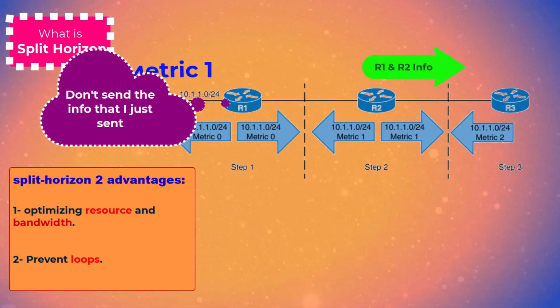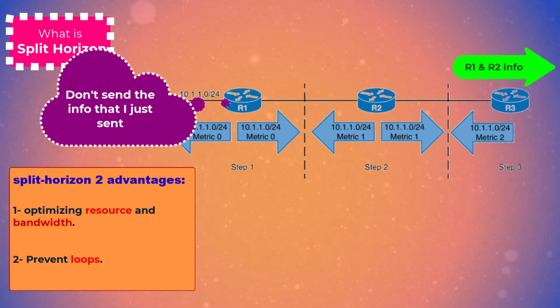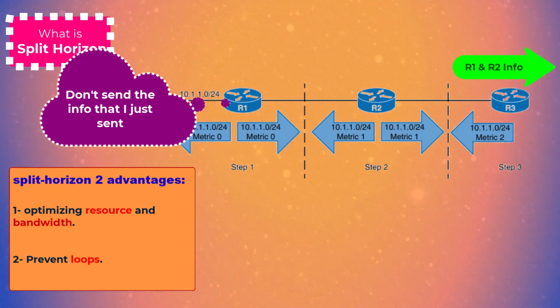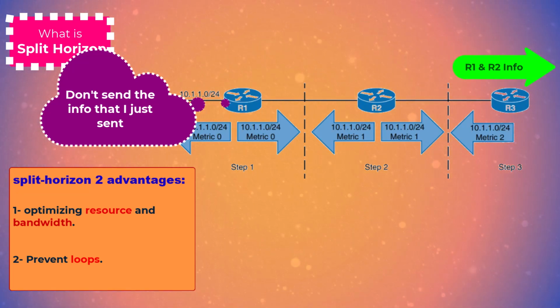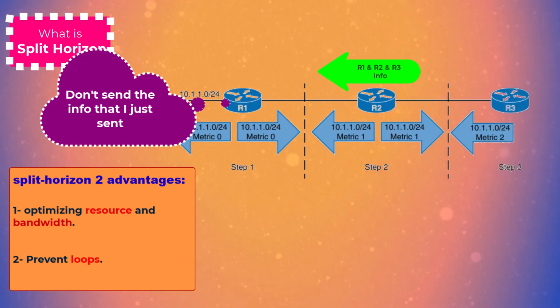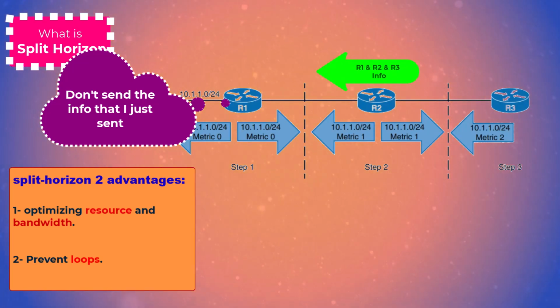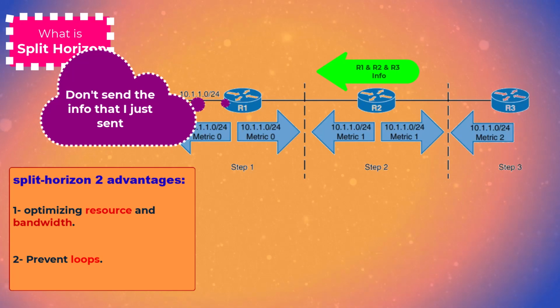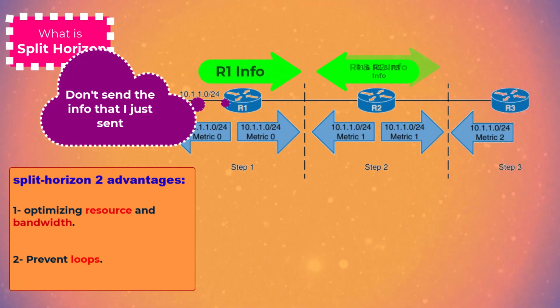Additionally, router 2 also sends router 1's information along with its own to router 3. And then router 3 sends all that information it just received from router 2 back to router 2 again.